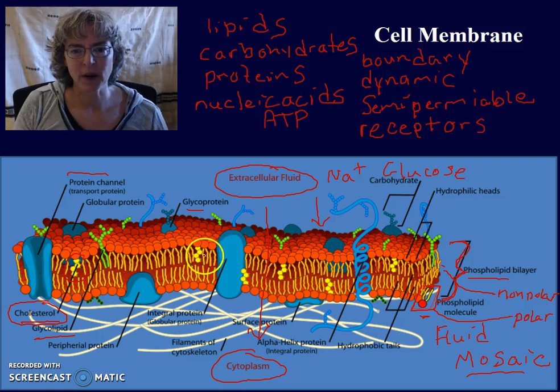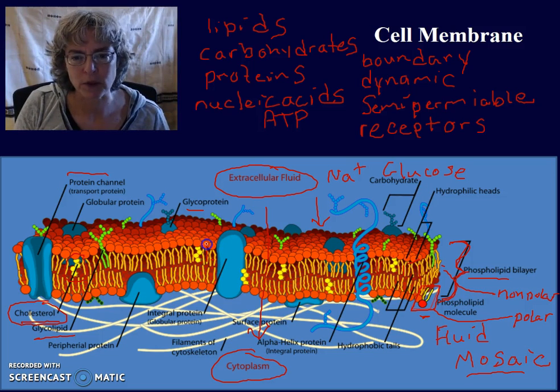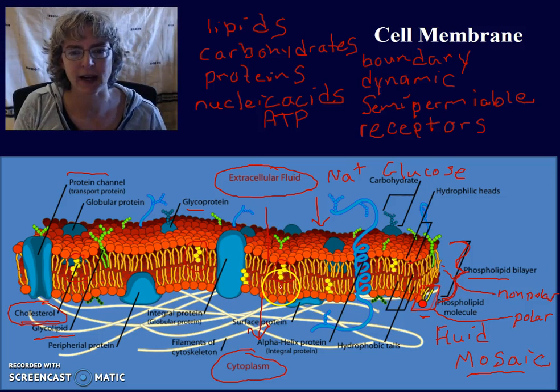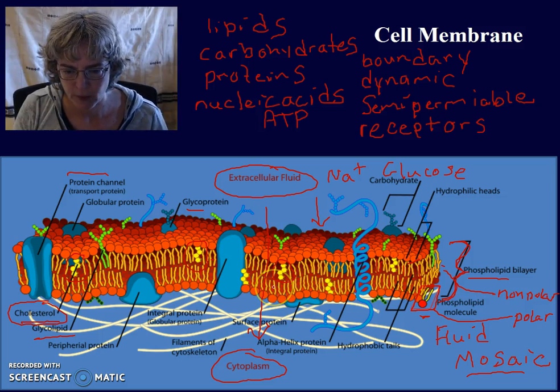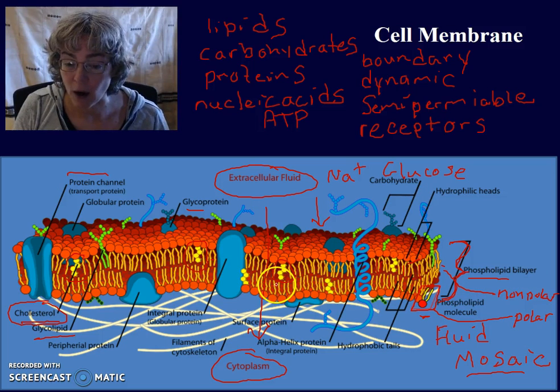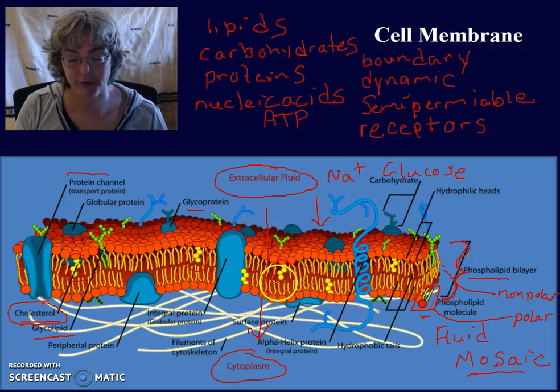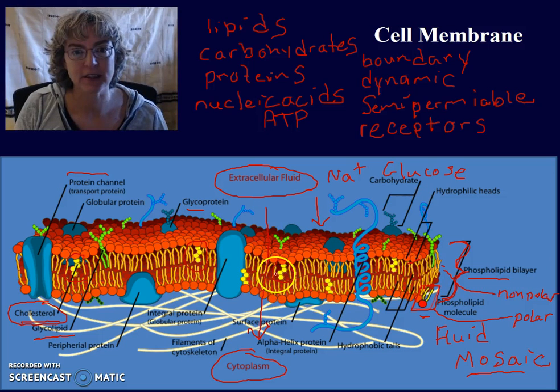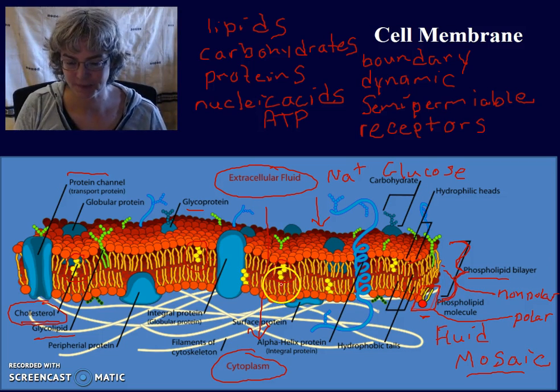So I mean, you wouldn't want it just to be an oil goo. So cholesterol is really important, and it allows for a little bit more support inside that cell membrane. It also acts like an antifreeze. So in animals in colder environments, it acts as an antifreeze so that it doesn't freeze.